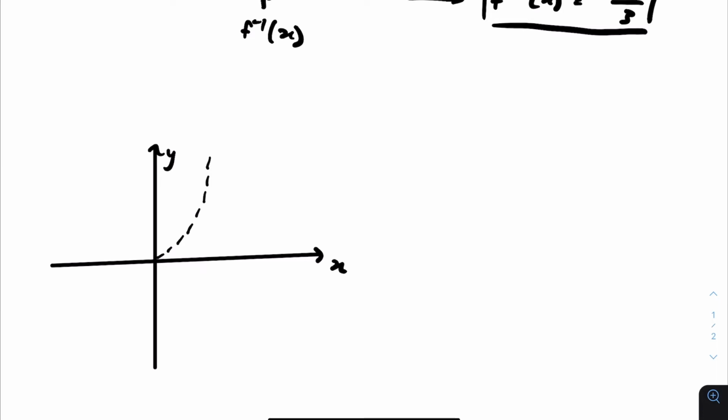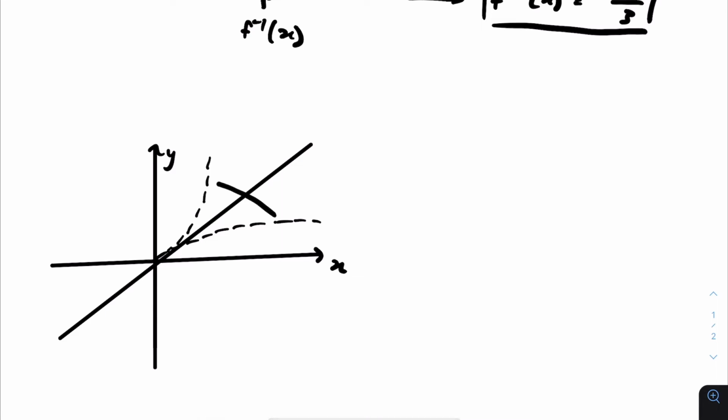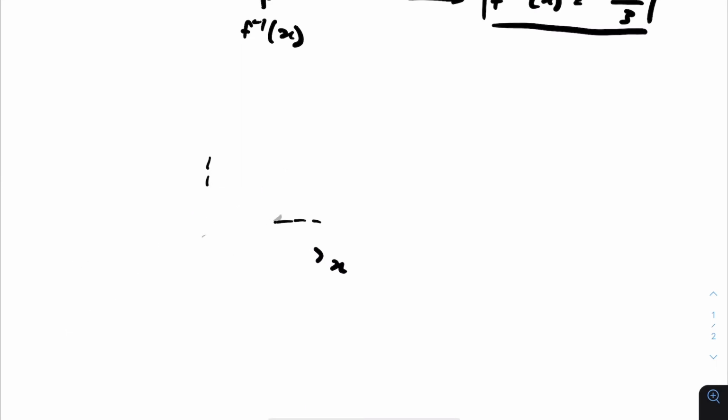The inverse of that is y equals root x, which looks something like this. The way you can find out the inverse actually is if you graph it against y equals x, something like that, it's reflected. The two lines, as you can see, are reflected across this line.